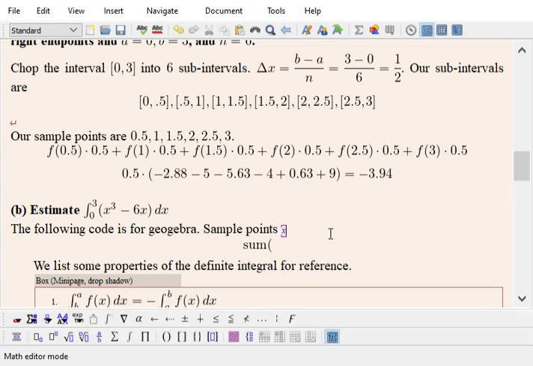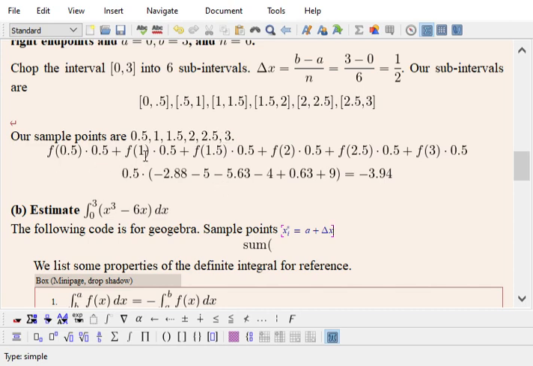So let's see. The sample points are going to be given by, well, we start at 0.5. What was that? That was a plus delta x, right? That was our first sample point, 0 plus 0.5.